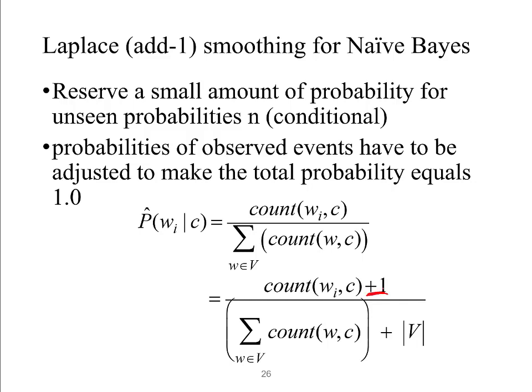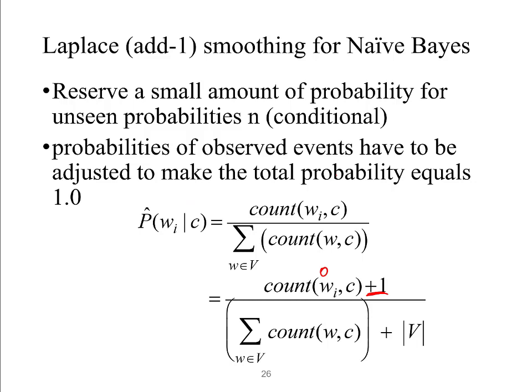We add 1 to the fraction, right? So even if this count is 0, we add 1, so the probability will not be 0 anymore. The probability of observed events in this case has to be adjusted to make the total probability equal to 1.